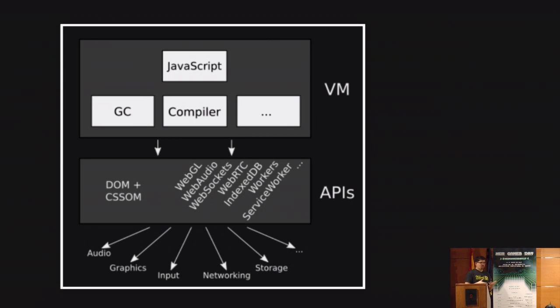Modern JavaScript engines look very similar, where we read in JavaScript, but then we try to compile it. We try to watch it and see what are the hotspots. Can we turn that into native code just in time? And then the APIs are the web APIs, WebGL, WebAudio, WebVR, IndexedDB. But the architecture of a modern JavaScript engine is very similar to the architecture that you might find in the .NET CLR or the JVM.